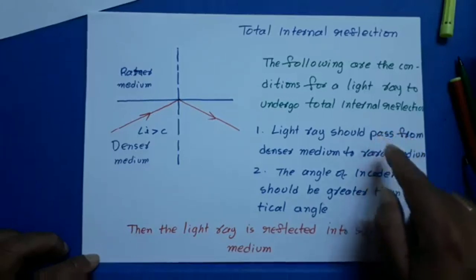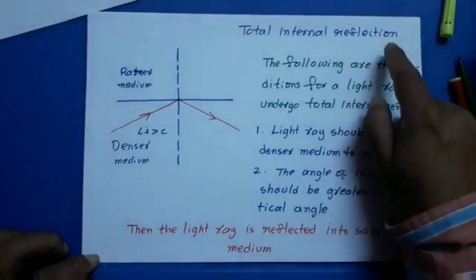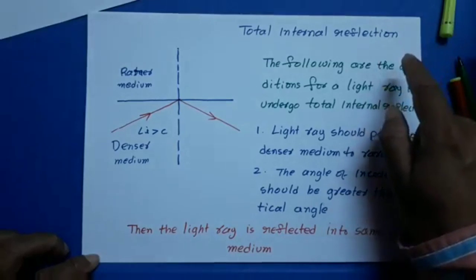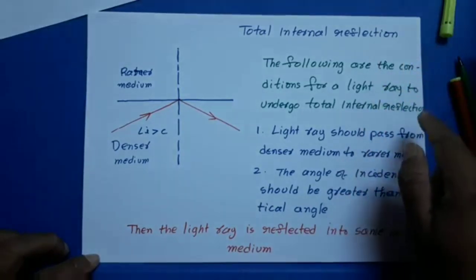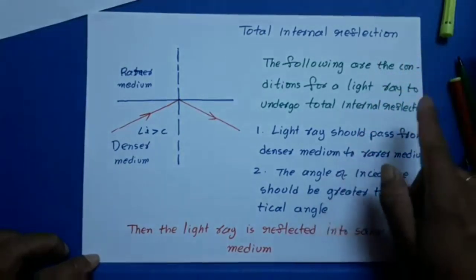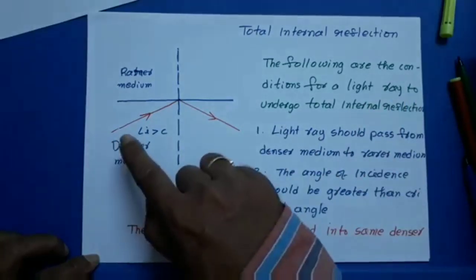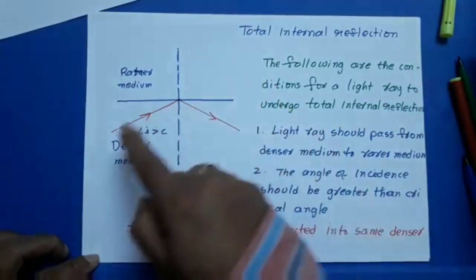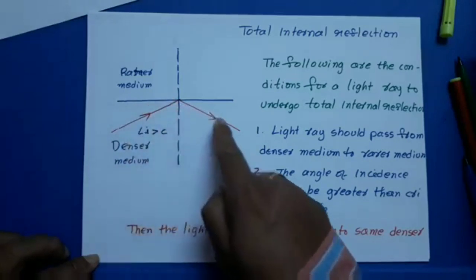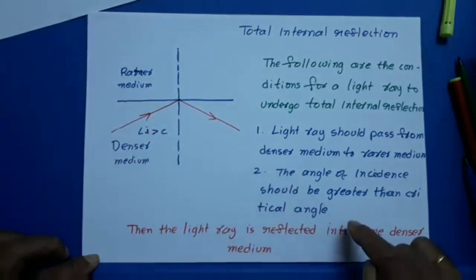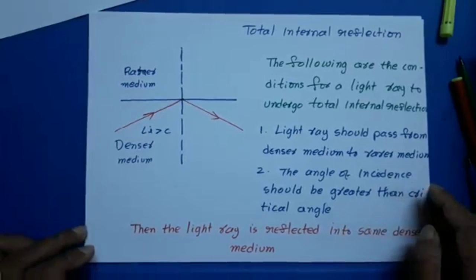Okay, these two are the important conditions for total internal reflection to take place. Then what happens? If these two conditions are fulfilled, the light ray does not enter into the rarer medium. It is reflected into the same denser medium. This phenomenon is called total internal reflection.